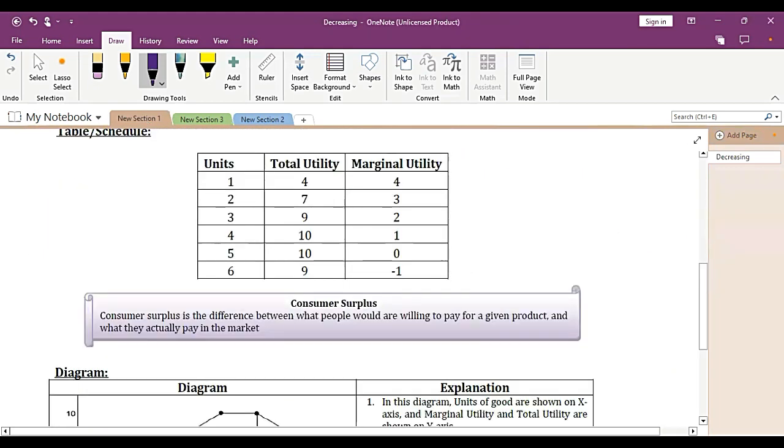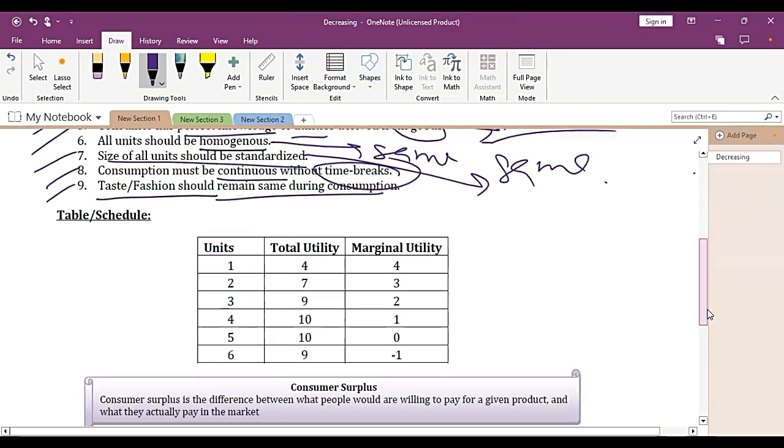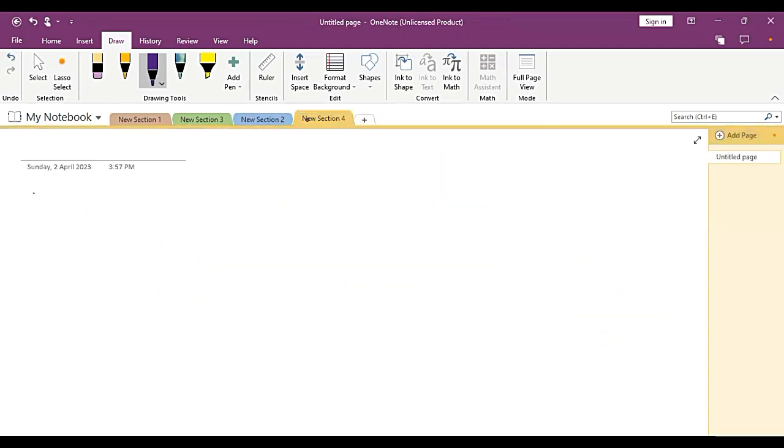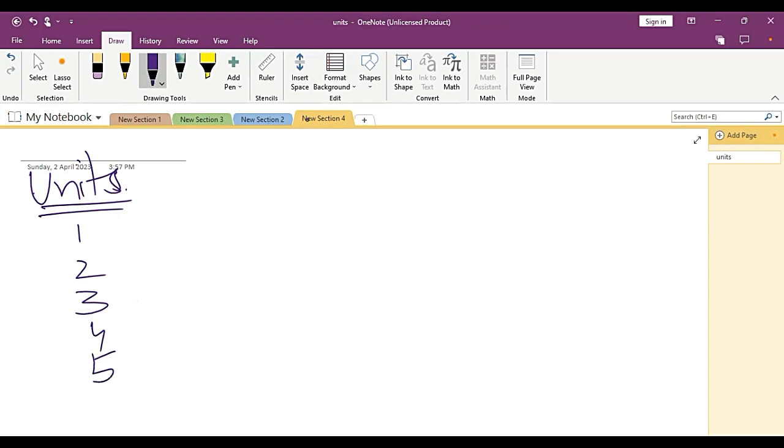Now let's move towards a table. This concept can be well understood keeping in mind all the assumptions and the definition that we have studied in this class. So the table or the schedule is here. Taking units first, let's say first, second, third, fourth, fifth, and the sixth one.